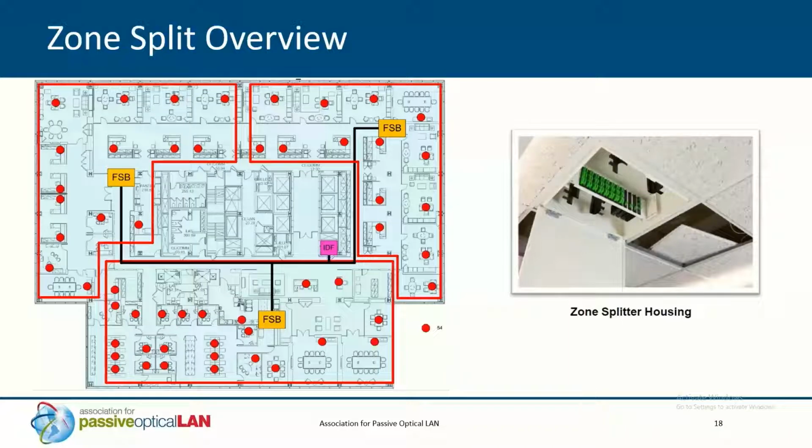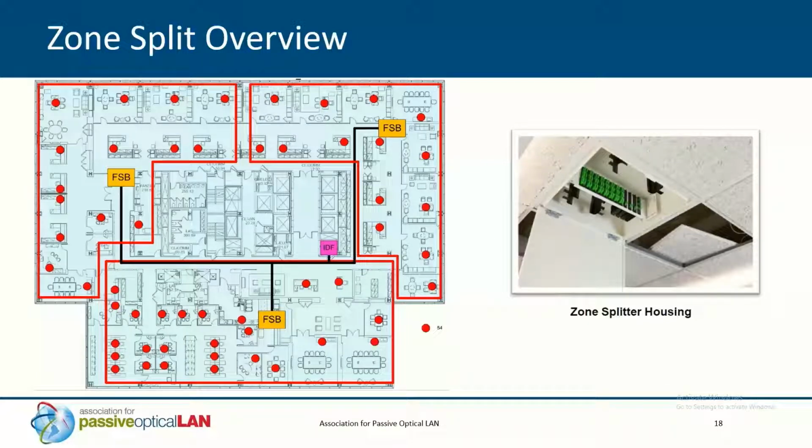So instead of having the one line that you see here going straight to the IDF, maybe I have one path going clockwise and another path going counterclockwise through the location, so that I have a level of redundancy within the same network, just to make sure that those zones are always serviced.